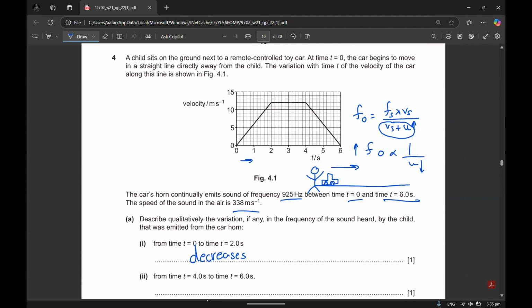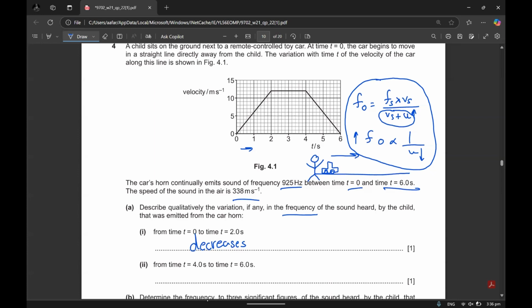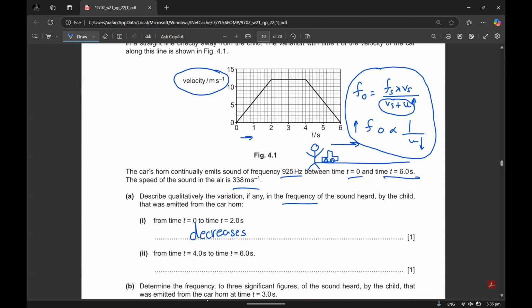In these types of questions, you basically need to figure out the relationship between the two variables, the frequency of the sound heard and the frequency of the source. We know the only change that is happening is in the velocity of the car. That's what you need to do in similar types of questions. The observed frequency basically increases.